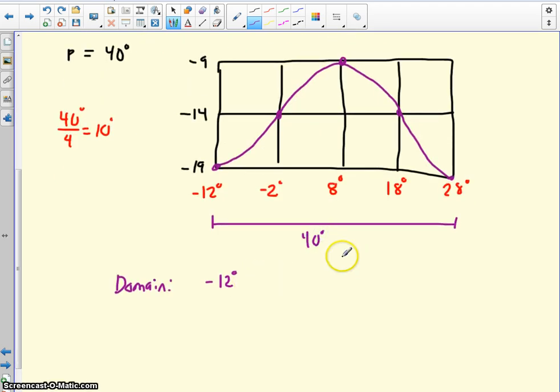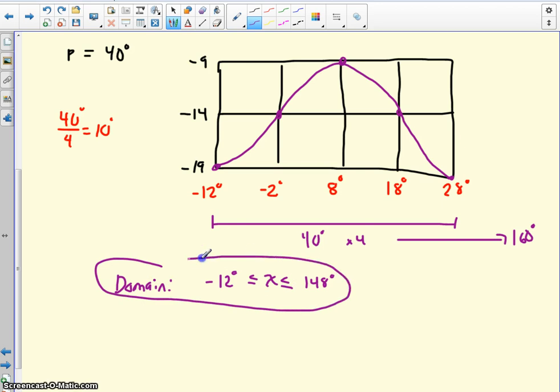Okay, so 4 cycles is going to take 4 times that, which is 160 degrees. Okay, so 4 cycles will take 160 degrees to complete. If I go negative 12 plus 160, that's going to give me 148 degrees. So that will be my domain. Any possible x value between negative 12 and 148 degrees.